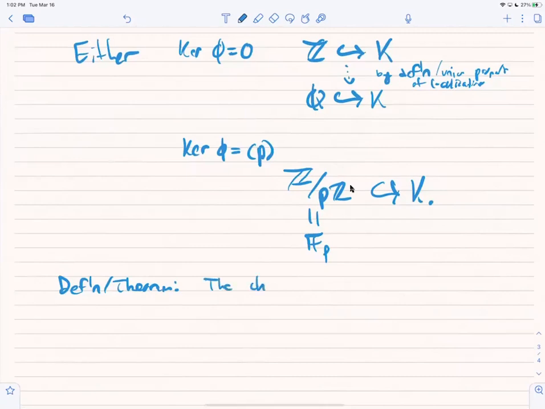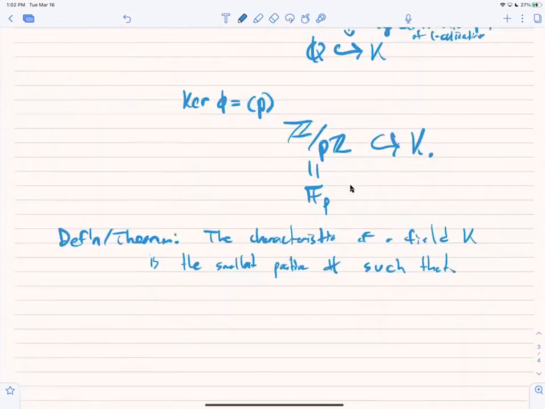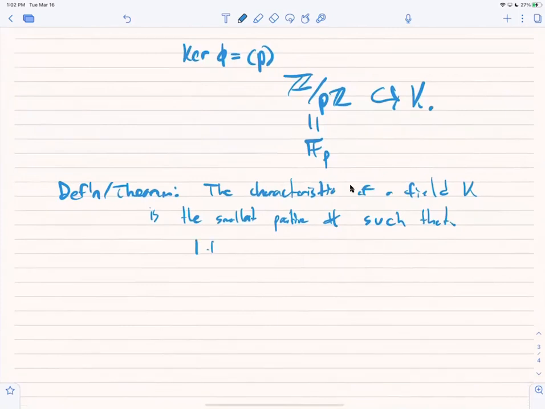The characteristic of a field K is the smallest positive integer n such that 1 plus 1 plus ... adding 1 to itself n times gives 0 in K. That's just another way of saying n is the generator of the kernel of this unique map from Z to K. This is the pedestrian way of saying it.